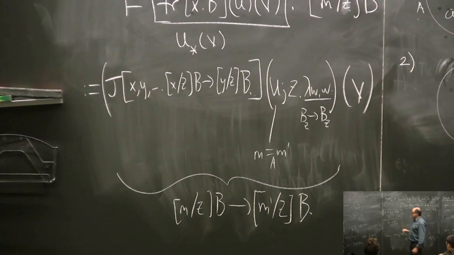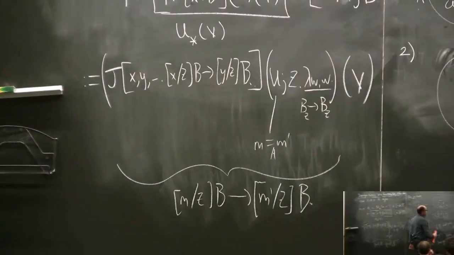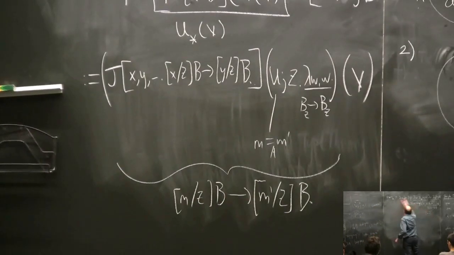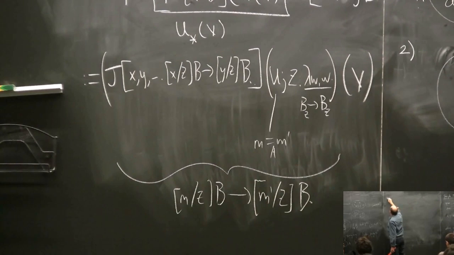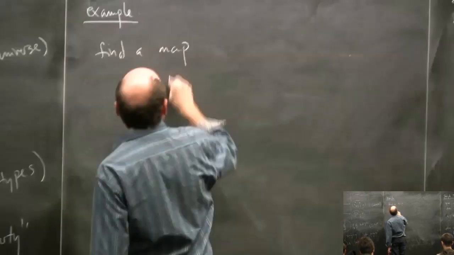Okay. An example of this, which is the following thing. Okay, so the example is, find a map. We have the following type.